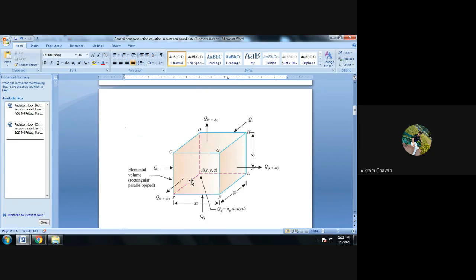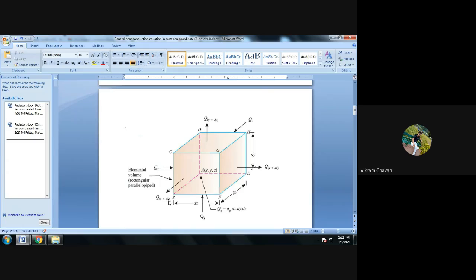There is also an arrow we have shown over here, and there is also a change in heat when it leaves from the other side. So the amount of heat leaving in the z direction from the opposite face will be Q suffix z plus dz. That will be considered as there is some change in heat.